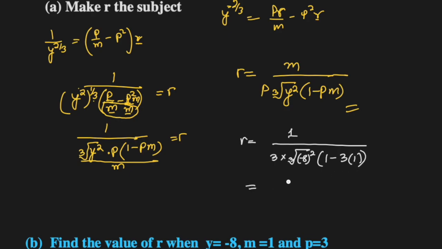Okay, what will that be? 1 over 3 times negative 8 square will be 64, and 64 cube root is 4. 1 minus 3 is negative 2. Everything is simplified. Alright, so the final answer should be 1 over 3 times 4 is 12 minus 24. No need to write minus with the denominator, write it here somewhere. Negative 1 over 24 is the answer.